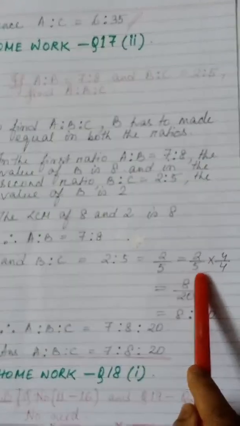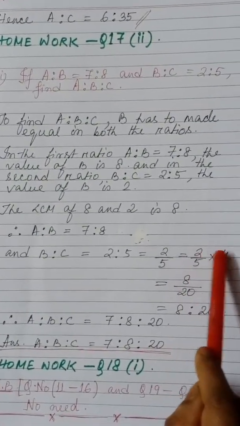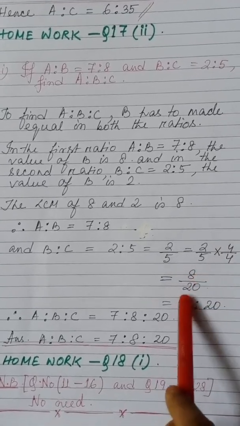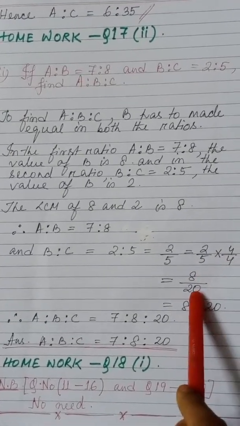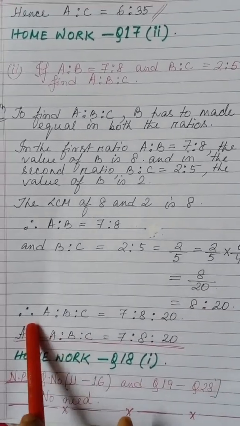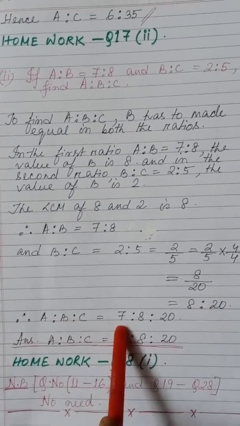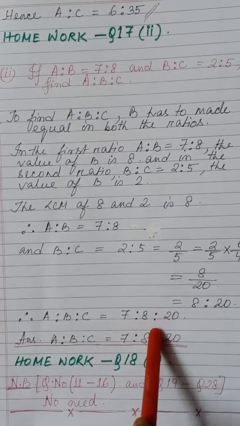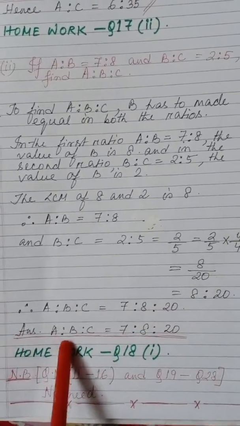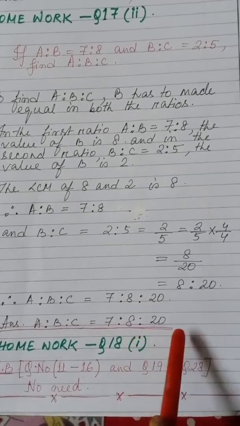Then 2 by 5 into 4 by 4. Then 2 4s are 8 divided by 5 4s are 20. This is equal to 8 is to 20. Therefore, A is to B is to C is equal to 7 is to 8 is to 20. Answer: A is to B is to C is equal to 7 is to 8 is to 20.